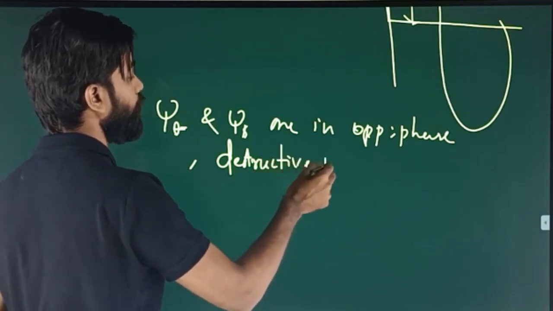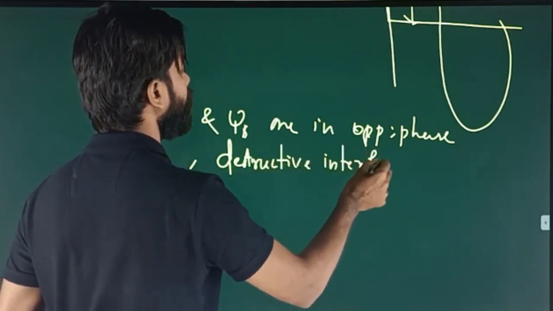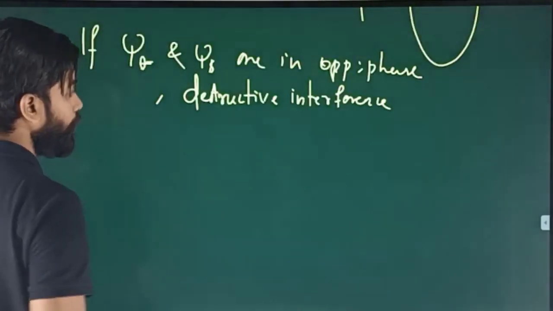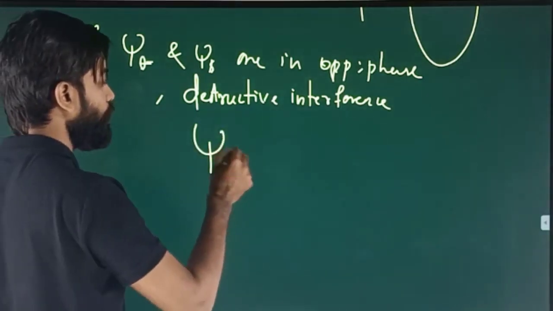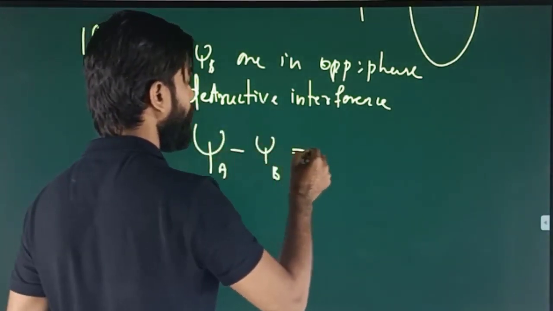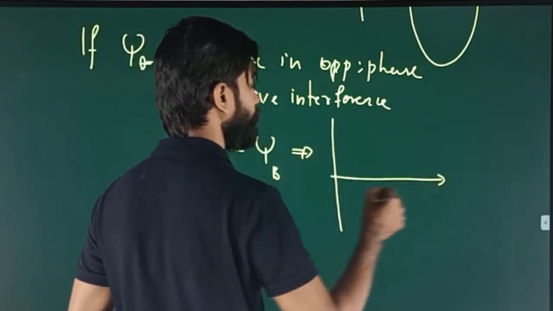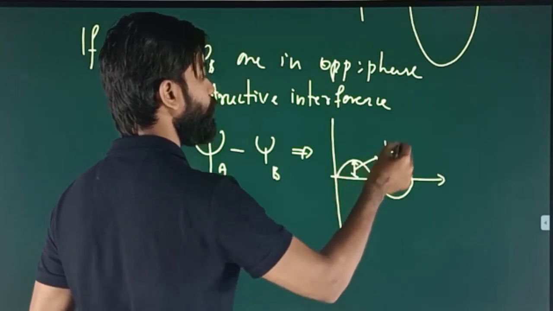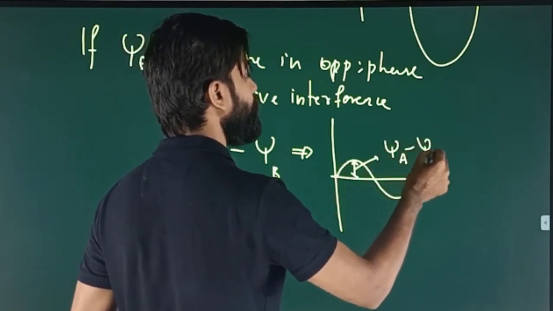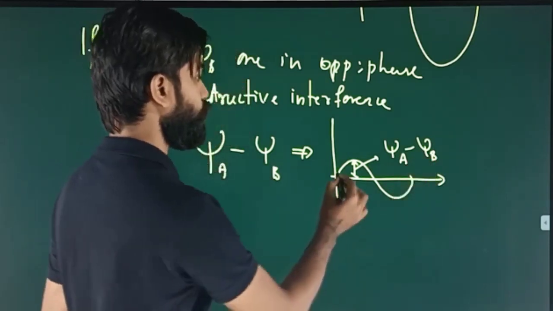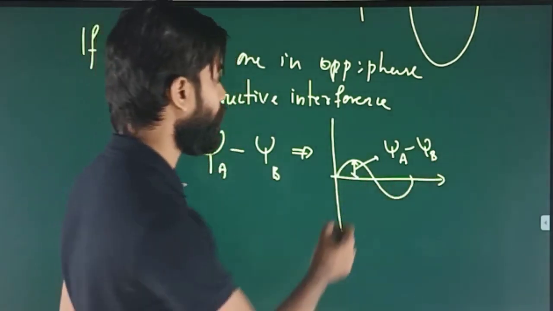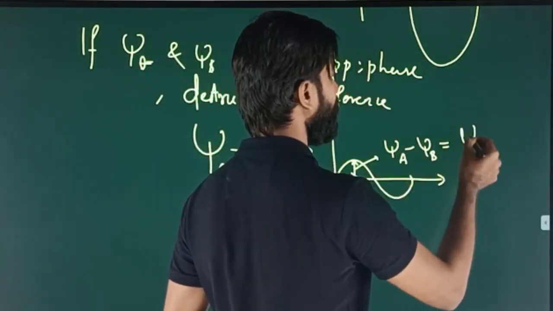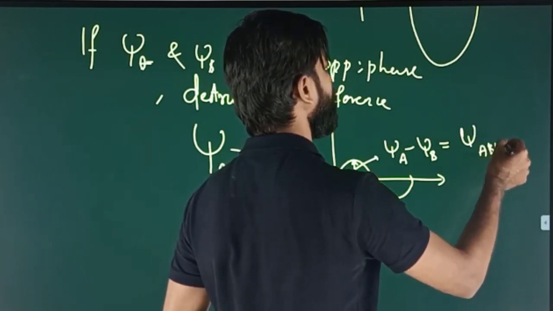In the destructive interference the amplitude will be psi A minus psi B, and I can represent the corresponding wave as a small wave, whose amplitude is the difference between the amplitudes of psi A and psi B. This also represents an orbital, and that typical orbital is said to be the antibonding molecular orbital.